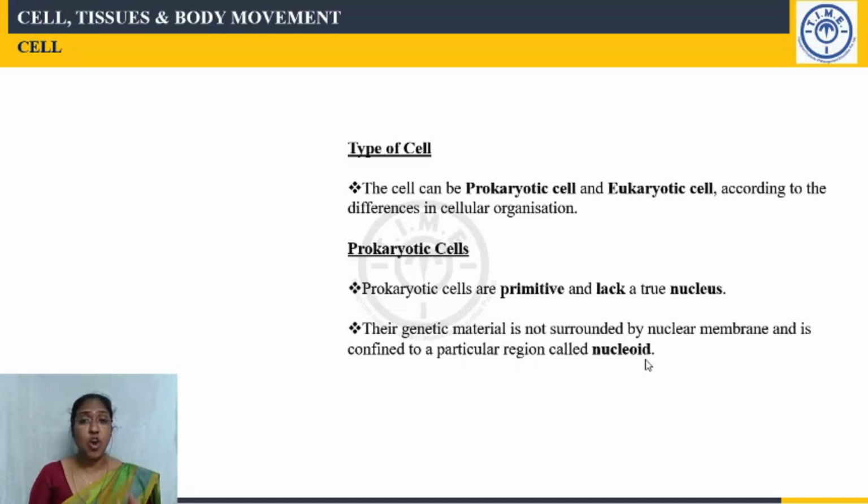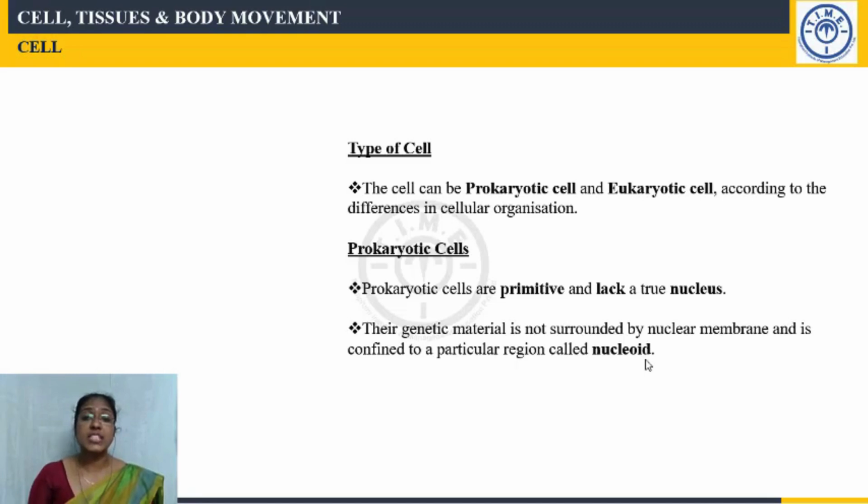In all the cells, we have genetic material. What is genetic material? In some organisms, it will be DNA. In some organisms, it will be RNA. In some viruses, the genetic material is RNA. And in most of the bacteria, the genetic material is DNA, deoxyribonucleic acid.